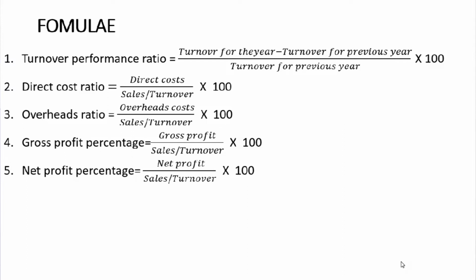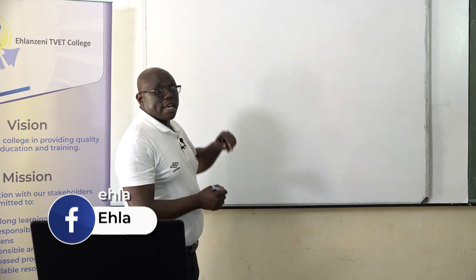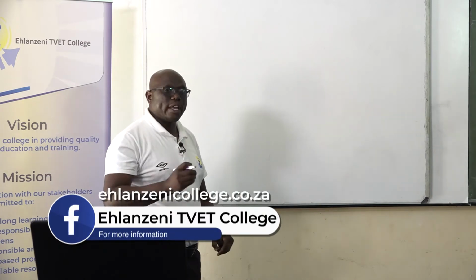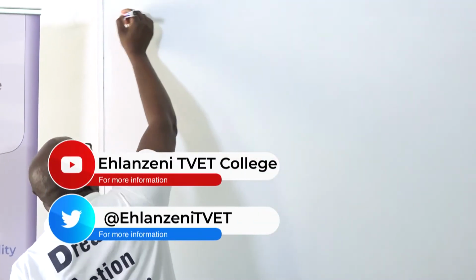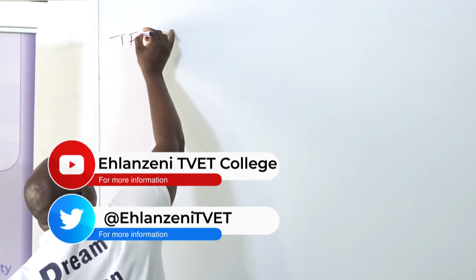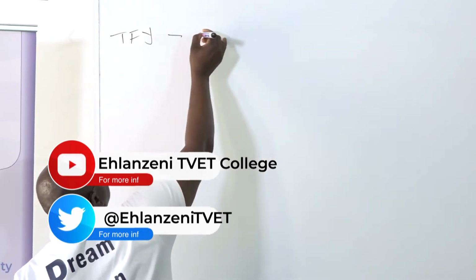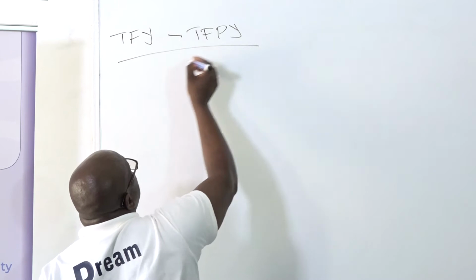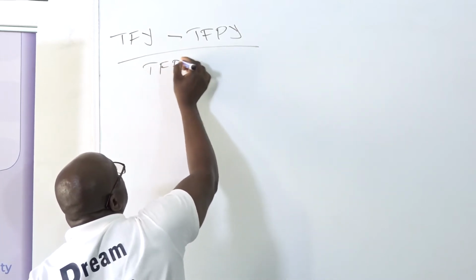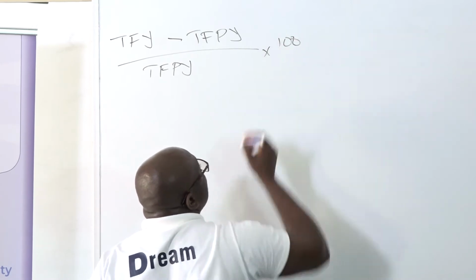We should always start by writing the formula when we write our examination. So we will say: turnover for the current year minus turnover for the previous year, divided by turnover for the previous year, multiplied by 100.